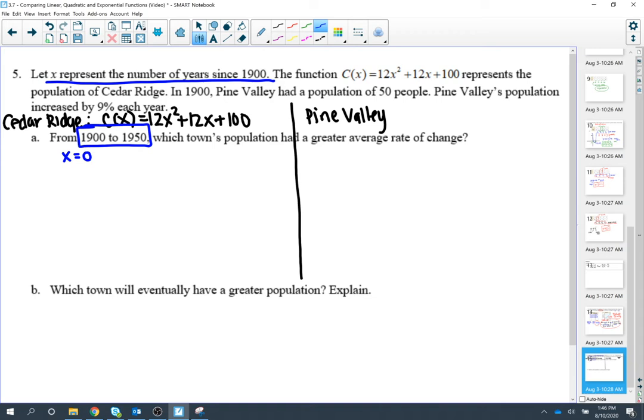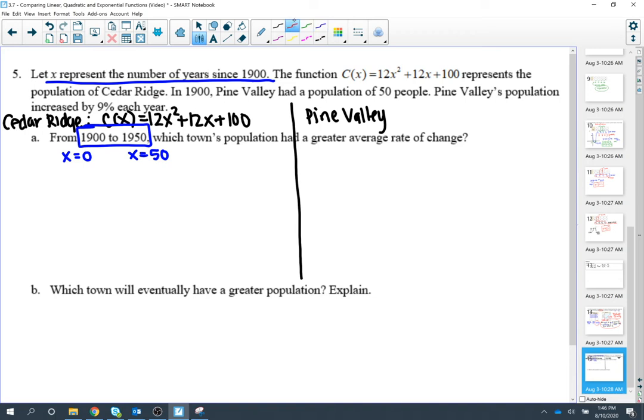But then 1950 is how many years since 1900? x equals 50. And I have to figure out 2 points. So these are two x values. I'm going from 0 to 50, but what is the actual population in the town at these times?